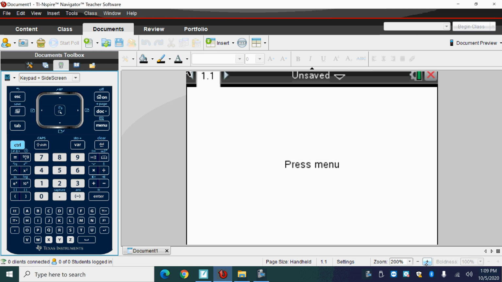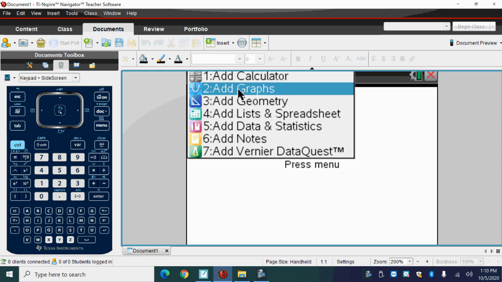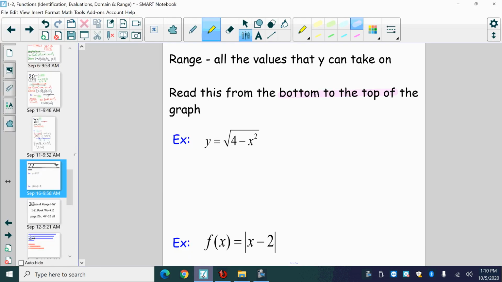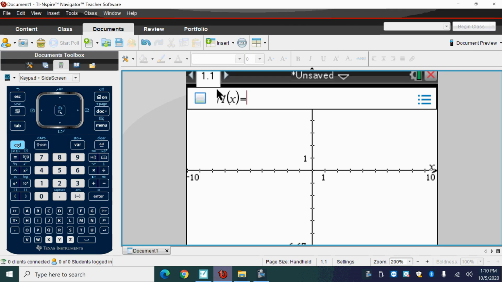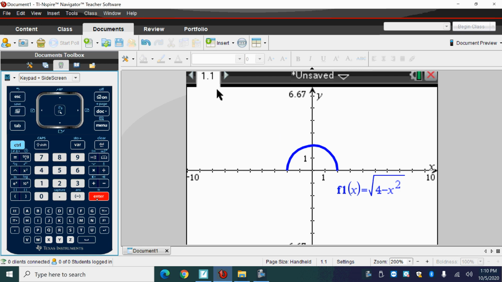and I am going to pull up a graphs page. Okay. Pulling up a graphs page, I'm going to type in my problem. My problem was the square root of 4 minus x squared. So the square root of 4 minus x squared, and I'm going to hit enter. That is your graph.